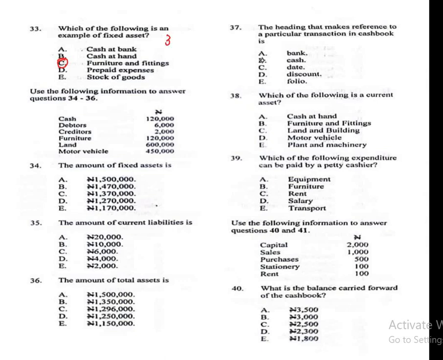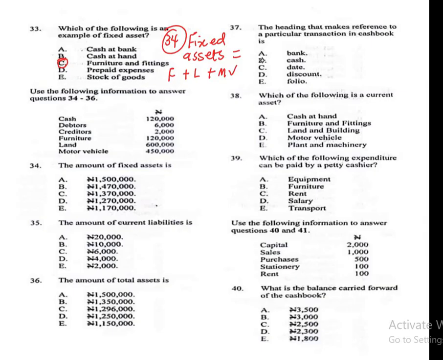Let me solve here 34. The formula for getting the fixed assets is equal to furniture plus land plus motor vehicle, let it be MV.